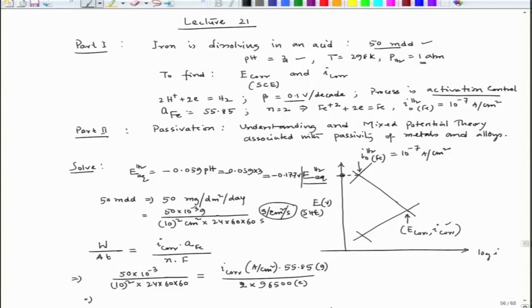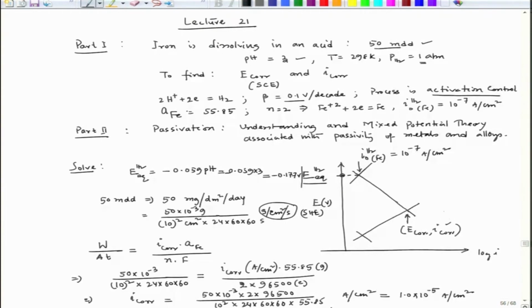So, I can find out I core equal to 50 into 10 to the power minus 3 into 2 into 96500 divided by 10 square into 60 into 60 into 55.85 ampere per centimeter square. So, if you calculate, it will become 1.0 into 10 to the power minus 5 ampere per centimeter square.